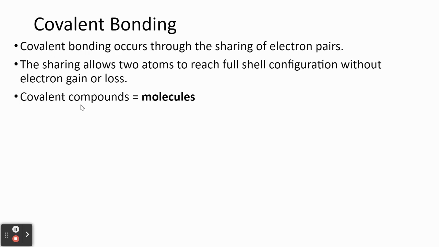We typically call covalent compounds molecules. So H2 is an example of a covalent molecule. It's 2 hydrogen atoms that are bonded together by sharing a pair of electrons. If we wanted to break that covalent bond, we would have to add energy in order to do so.